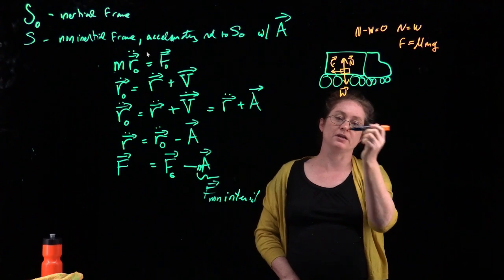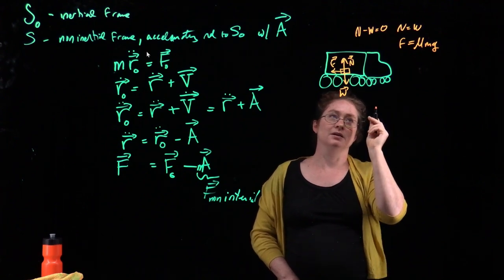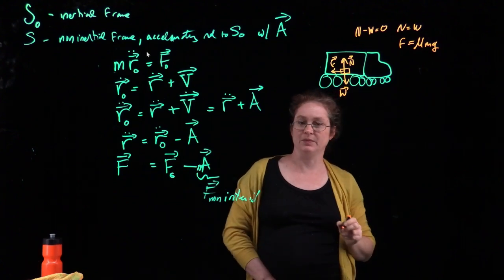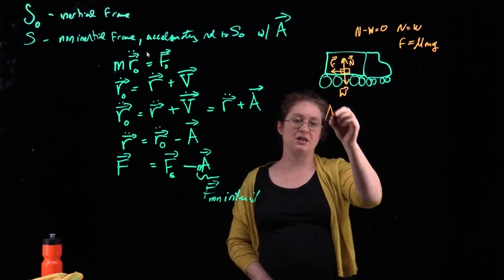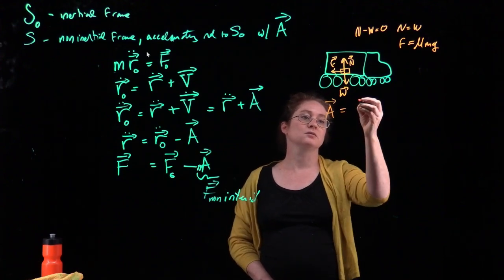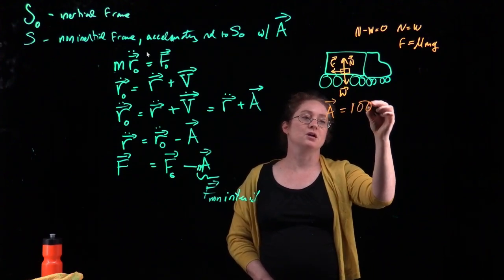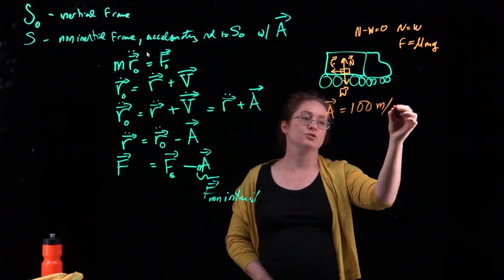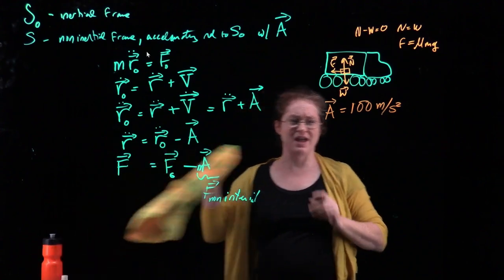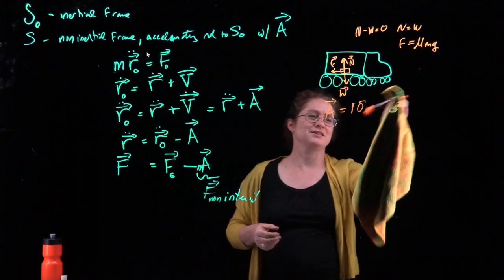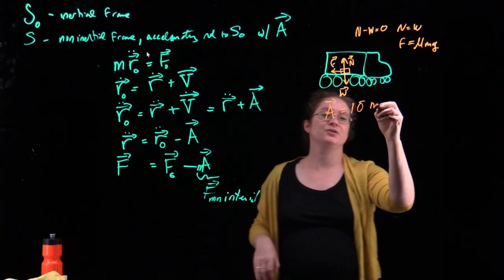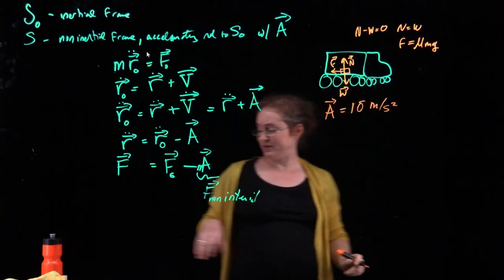And so then, let's say that the truck is accelerating at, round numbers, 100 meters per second squared. No, that's really fast. That's too fast. 10 meters per second squared. Here, as you can probably tell, I'm doing my favorite thing.